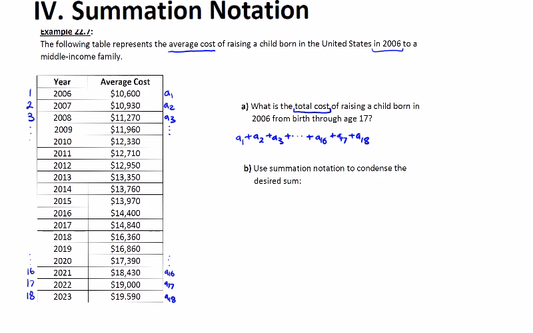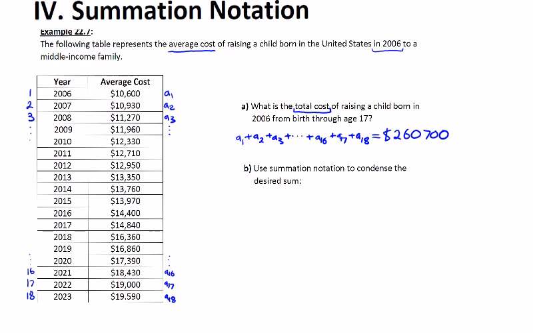So that's going to be 18 different values that I would have to add together. With a calculator, you could be diligent about adding all these values together, and the grand total is $260,700, a little over $250,000, to raise a child born in 2006 all the way through the age of 17, which would be a senior in high school.